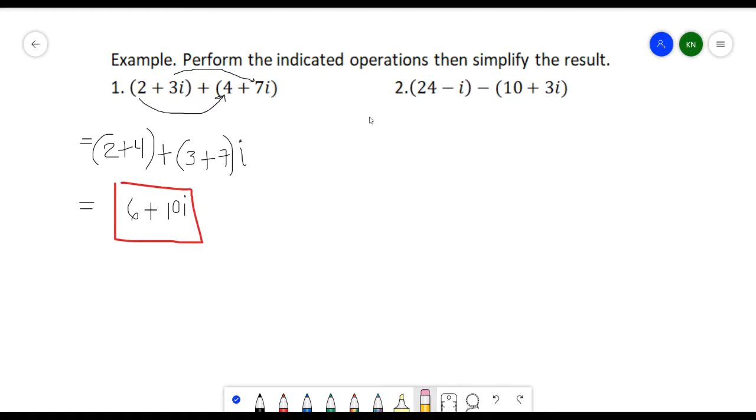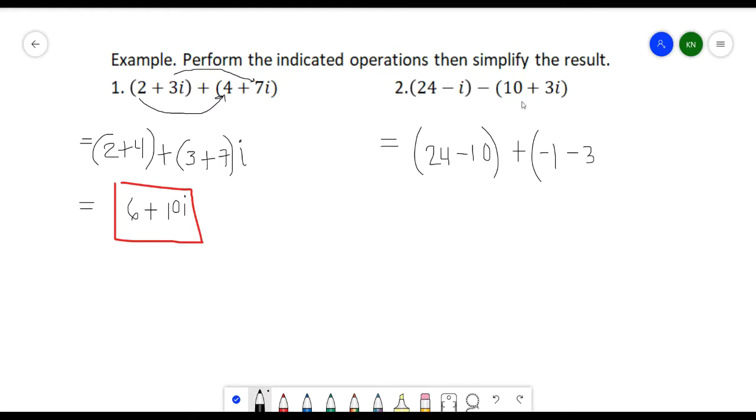Now for the subtraction of complex numbers, we have here 24 minus i minus 10 plus 3i. That gives us the constant numbers. The same process as the addition of complex numbers, but different in sign or operation to use. So we have 24 minus 10 plus negative 1 minus 3.